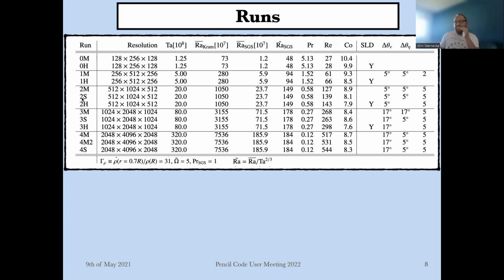These are the runs where we have suppressed the large-scale field, shown with the S. What you see is that you need an efficient small-scale dynamo; in this setup, you need a Reynolds number of roughly 140 to get it excited. Okay, good, so these are the runs. Let's look at certain properties.